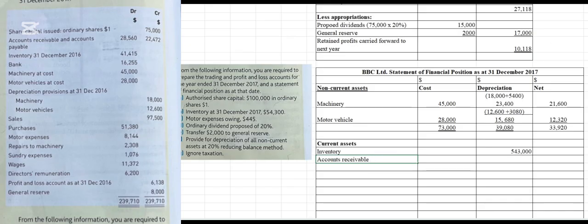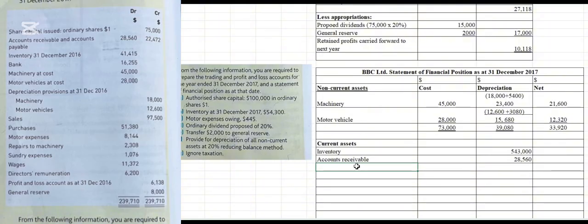And that amount is 28,560. So if you still put it like this, the debit or the debtor figure will be your accounts receivable, debtors.